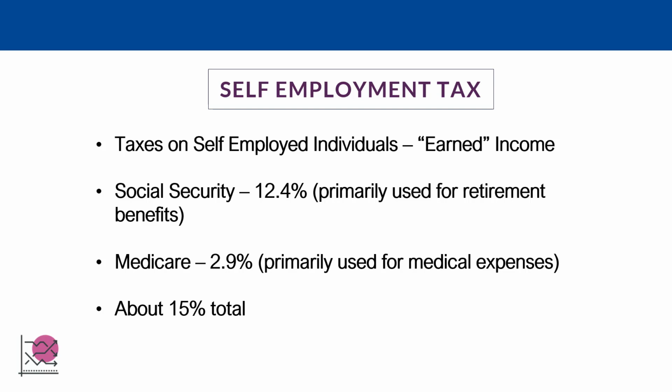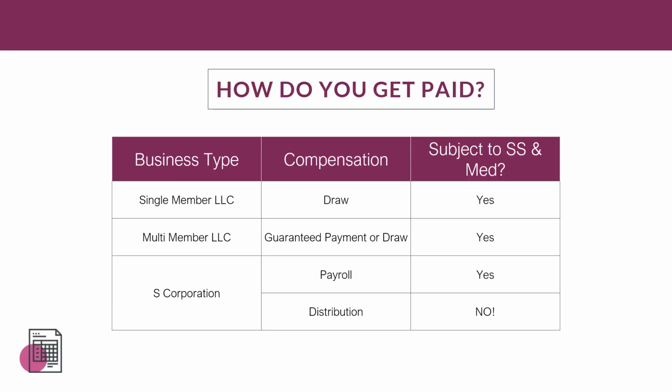Now that we've established an understanding of self-employment taxes, let's take a look at how you typically get paid as an owner of a business and how that affects your taxes. LLCs are either owned by one person or by multiple people. Amazing, right? You thought you'd only be learning about taxes. As an LLC, you're typically pulling out an owner's draw.